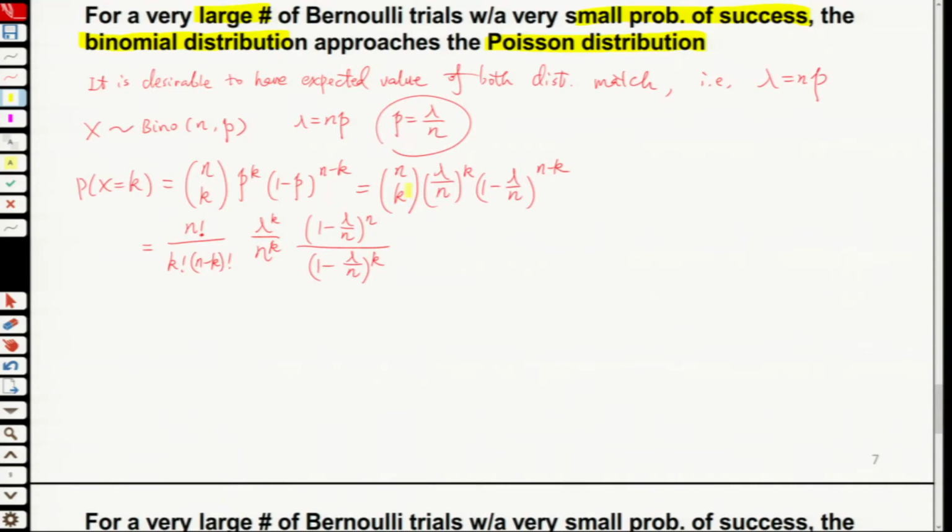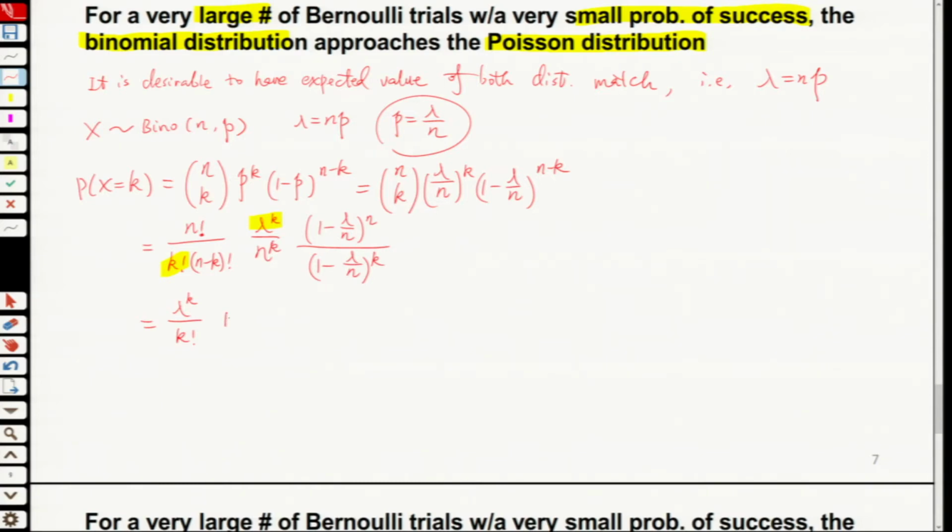So now X equals k. We need this lambda^k over k factorial, and we also need exponential minus lambda. So the rest should approximate the exponential. Let's just put these two together. This is lambda^k over k factorial. Oh, this part is what we need.